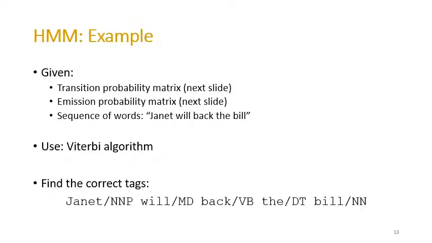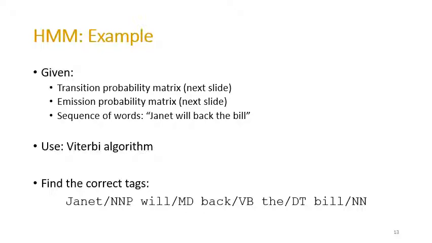Let's walk through an example to see how an HMM works. We are given a transition probability matrix, which we'll see on the next slide. We are given the emission probability matrix, also on the next slide. And we are given the sequence of words: Janet will back the bill. We will use something called the Viterbi algorithm, such that we may find the correct tag for each word.